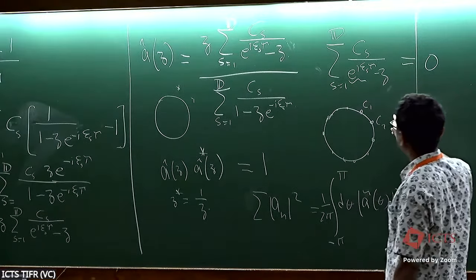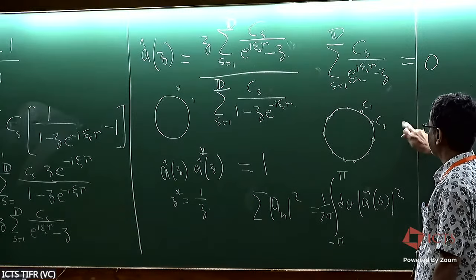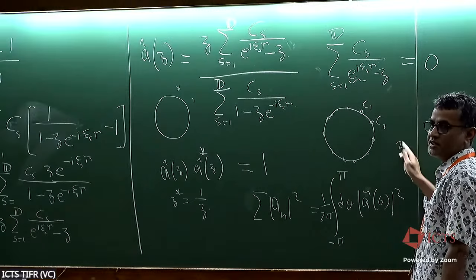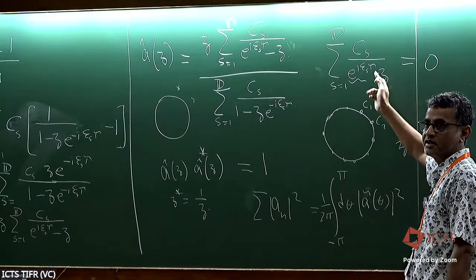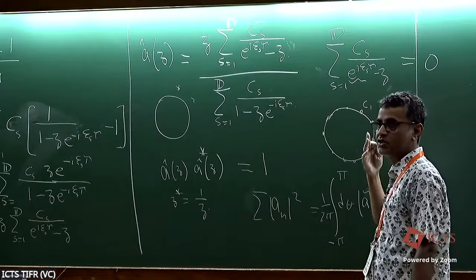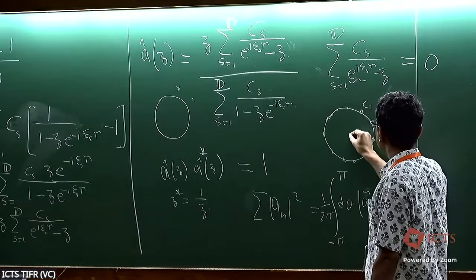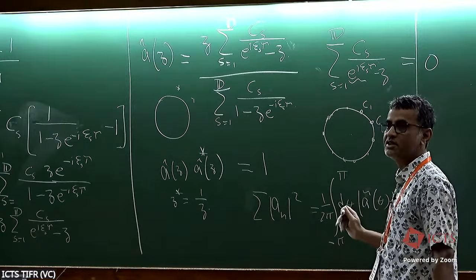Now if you ask what is the electric field at some point Z, then this is exactly the electric field. It's 1 over distance, so in 2D, this is the electric field due to a set of charges on this unit circle.